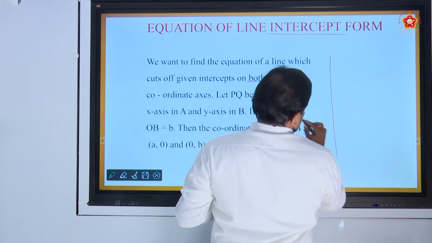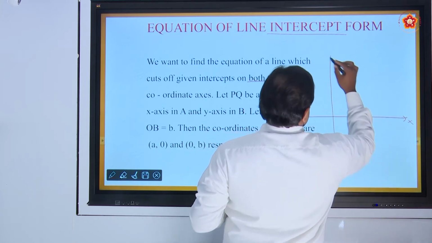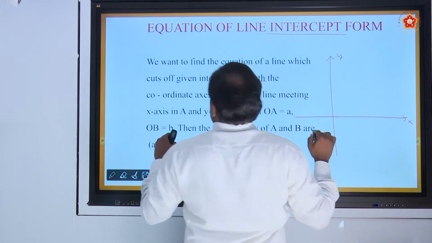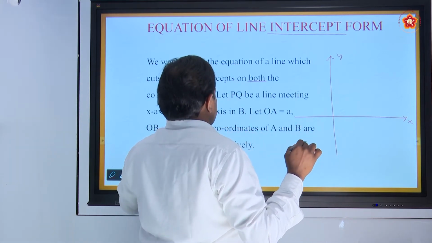Observe here, this is the x axis and this is the y axis, the two coordinate axes.